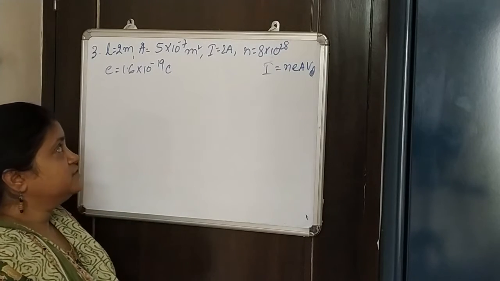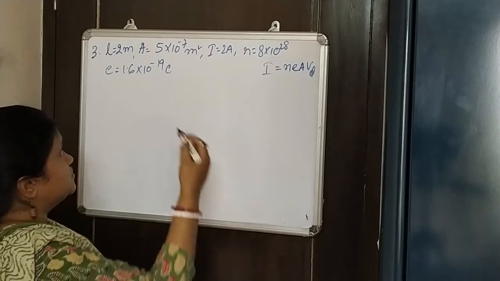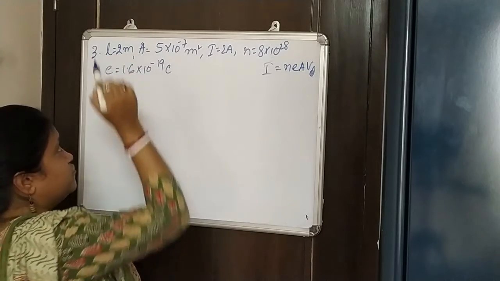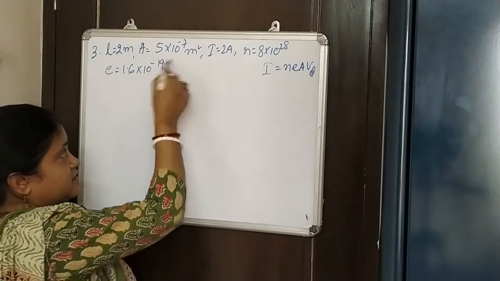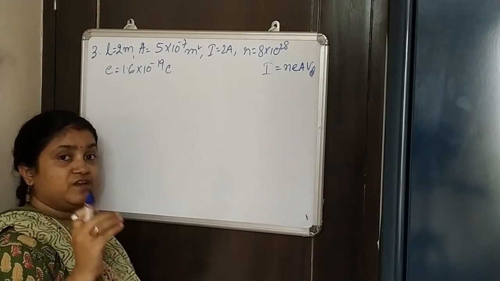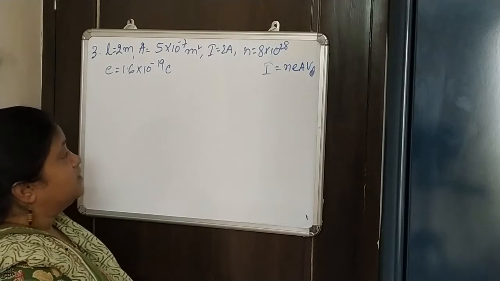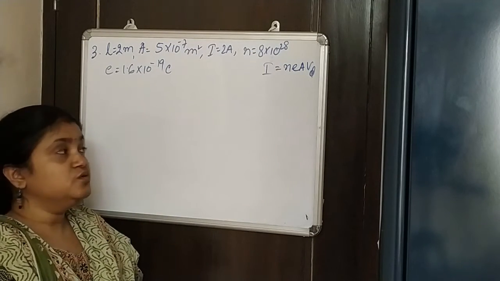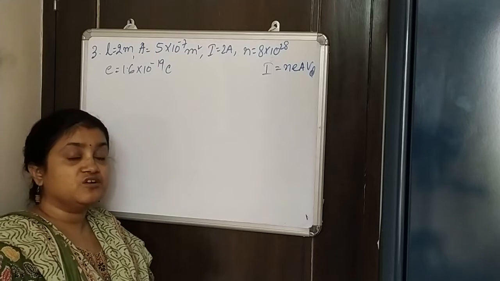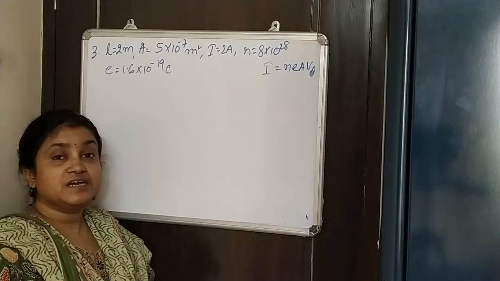Now coming to the third numerical, it is given that the length is 2 meter and the area is also given, the current flow is given, the number of electrons is also given, and it has been asked to find the drift velocity of these electrons.